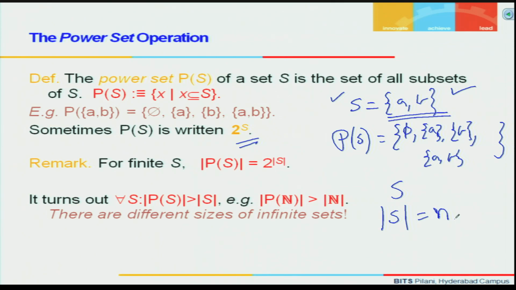It is a permutation combination problem. So, if the set happens to be finite, the cardinality of the power set is going to be 2 power mod S, where mod S is the cardinality of the set S.